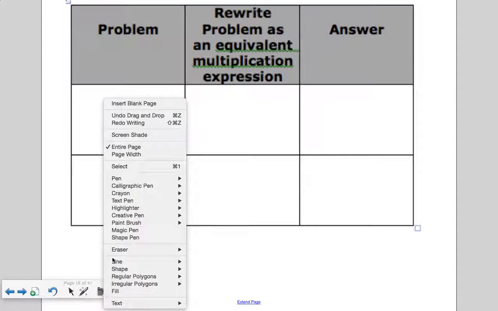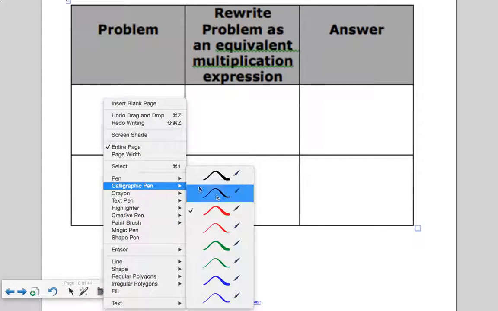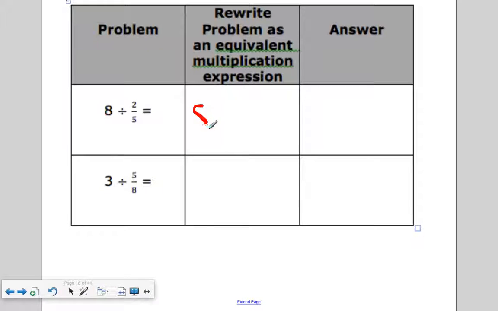So let's do these examples. You have 8. How many fifths go into 8? So 40 of them. And then we're finding groups of 2. Or if you don't like that explanation and you just want to do it, keep the 8, change the division into a multiplication because you're multiplying by its reciprocal.